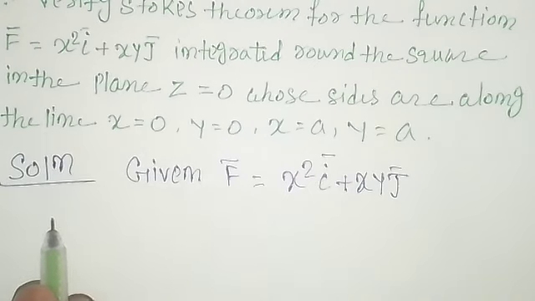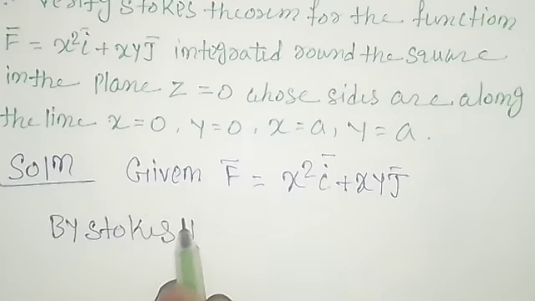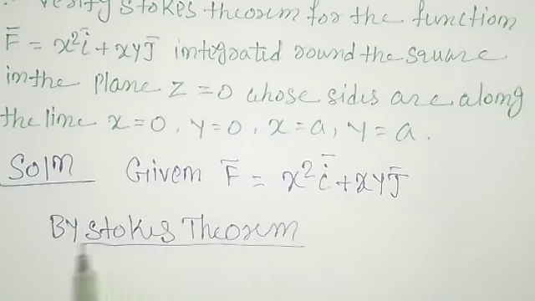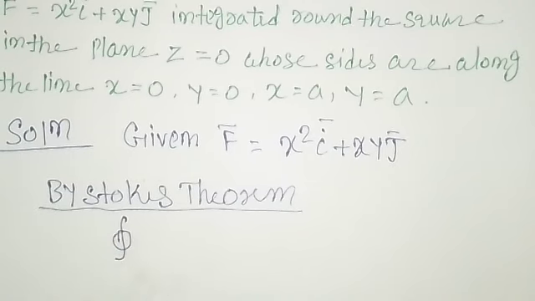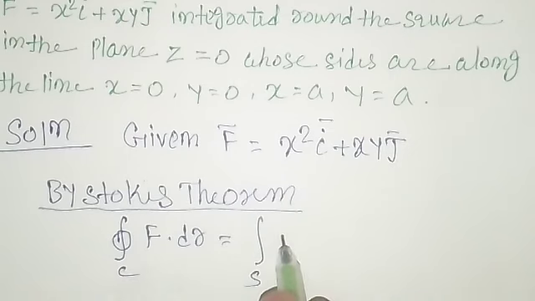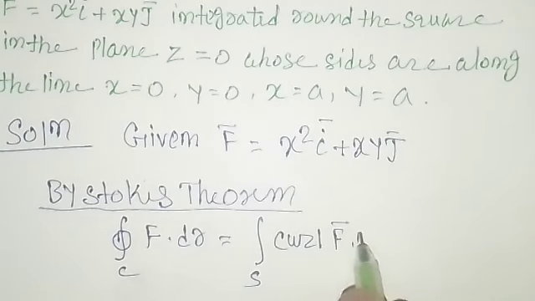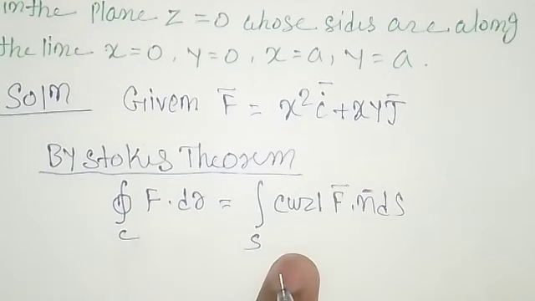Basically we will write down the expression: by Stokes theorem, first of all, the line integral is transforming into the surface integral, which in mathematical expression is the line integral over C of f dot dr equal to the surface integral of the curl f dot n ds.